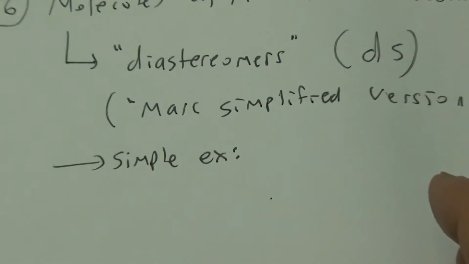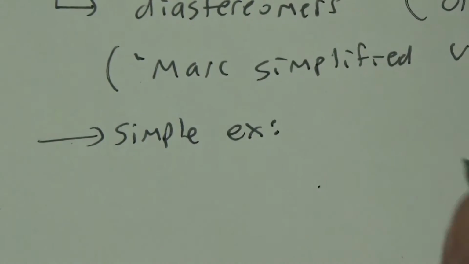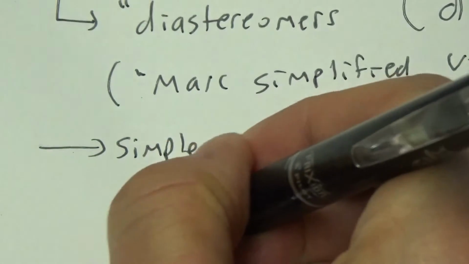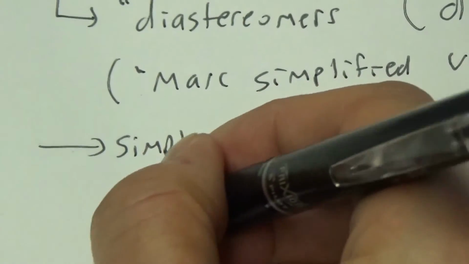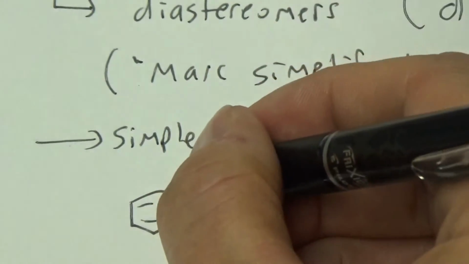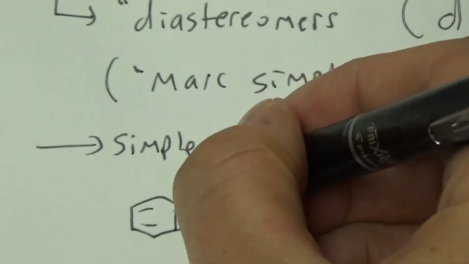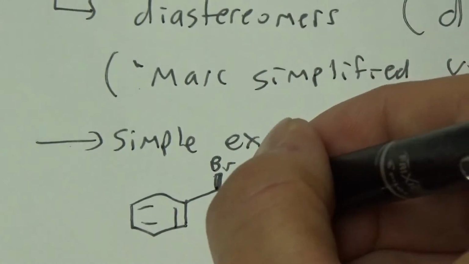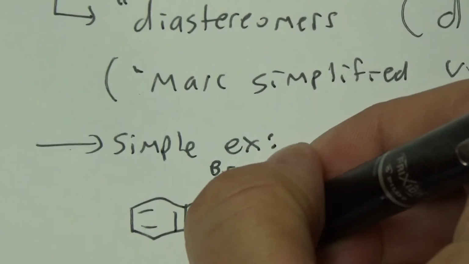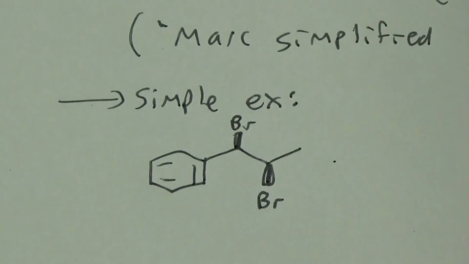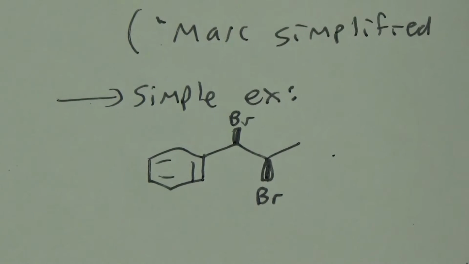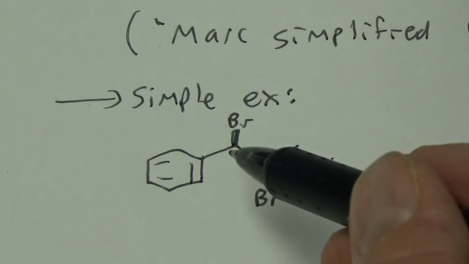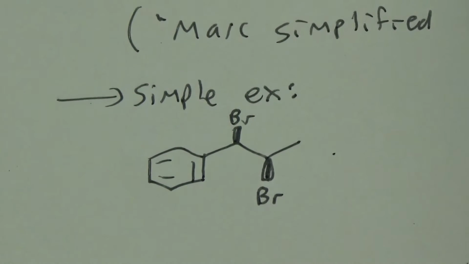Okay, so let's draw a chiral molecule. So this is a chiral molecule. How many chiral centers are there? There's 2 chiral centers, 1 and 2, right?